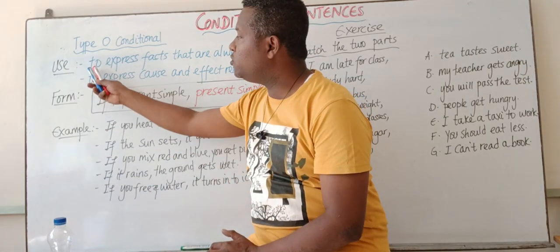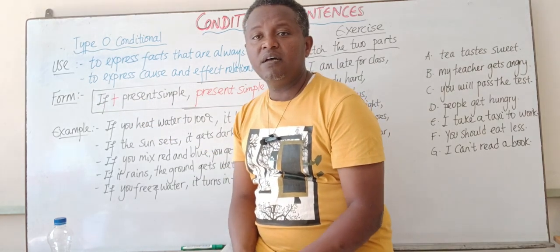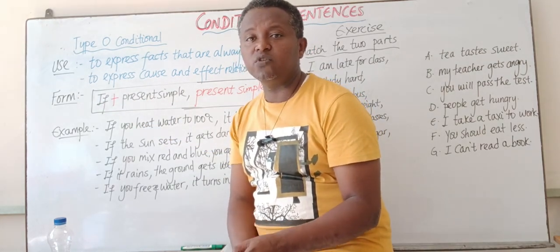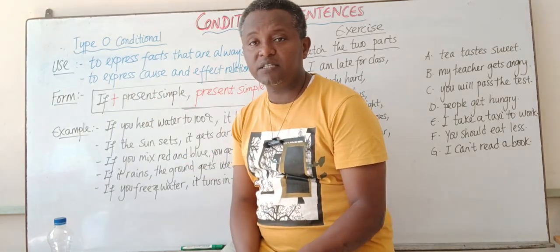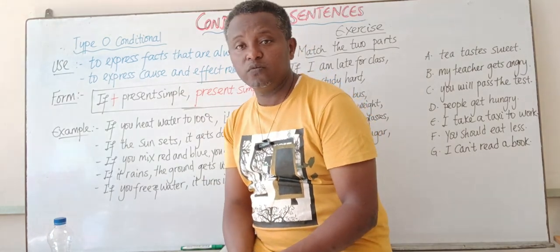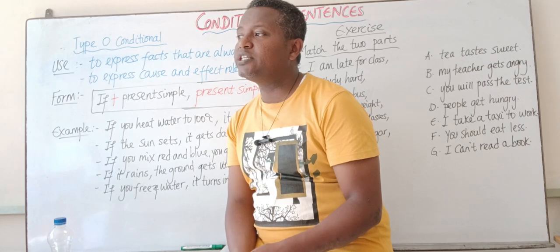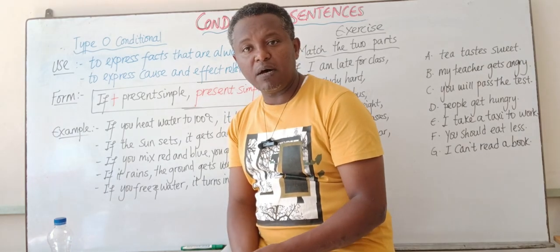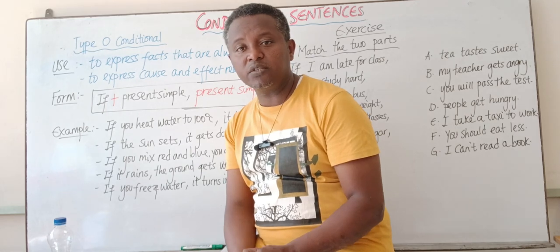Right? So the first use of conditional type 0 is to express facts that are always true, okay? In general, we use conditional type 0 to talk about facts and general or scientific truths.